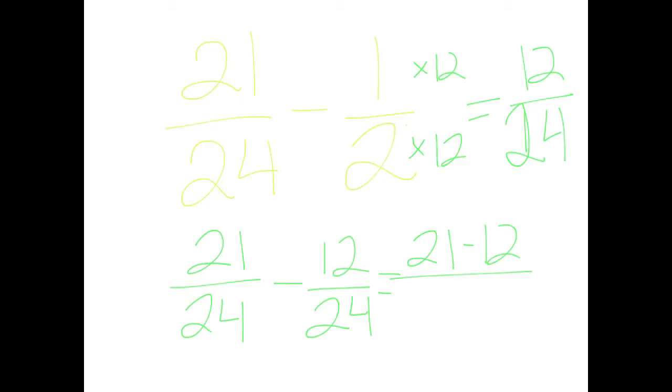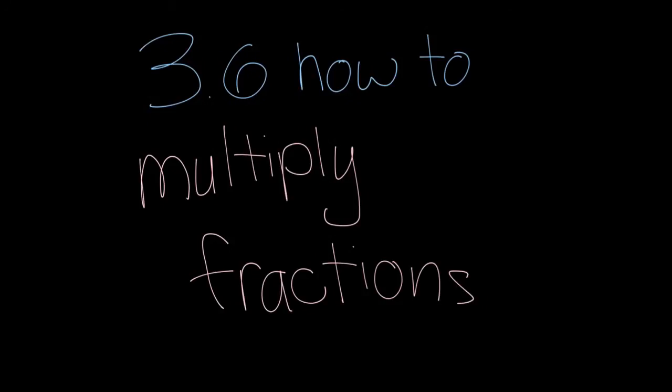We would put 24, and our answer is 9 over 24, which could be simplified by 3. So then that would make it 3/8. And that is your final answer.